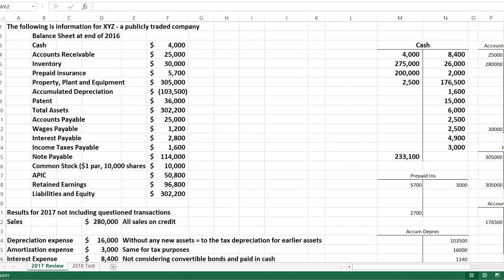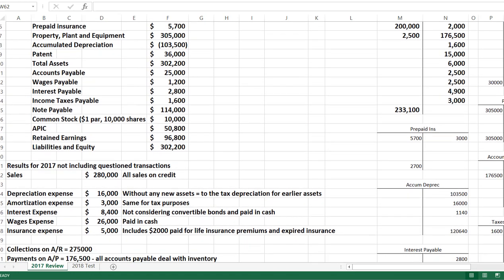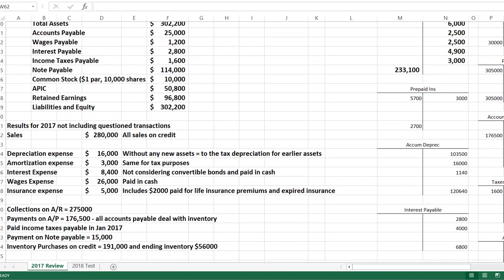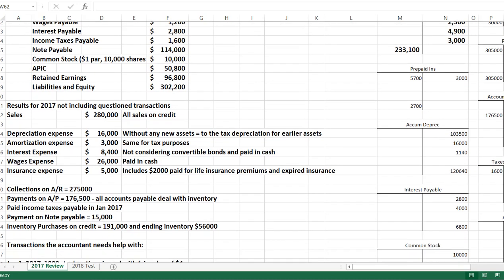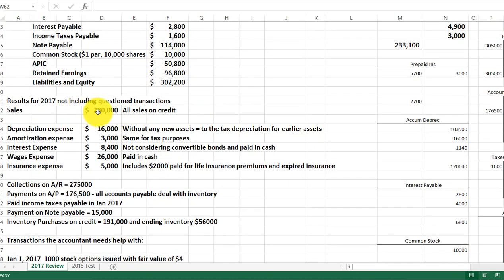Now, the next step, once we get those all entered into the T accounts, is we're going to look at these transactions. These are grouped into kind of two sections.